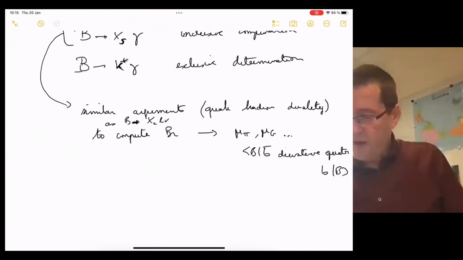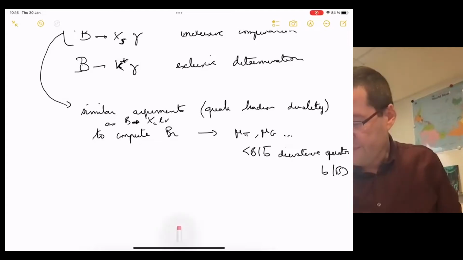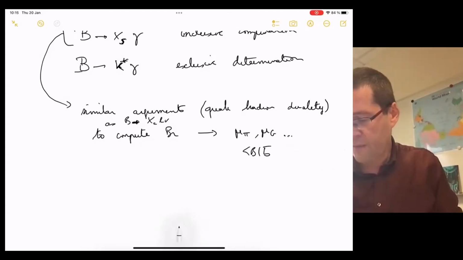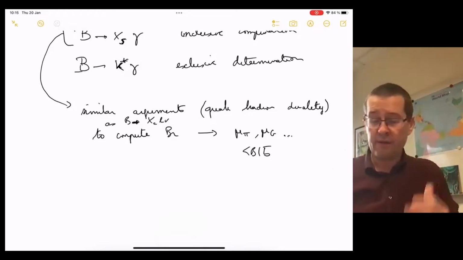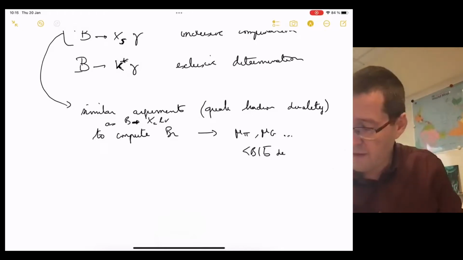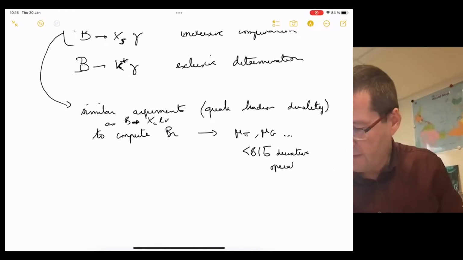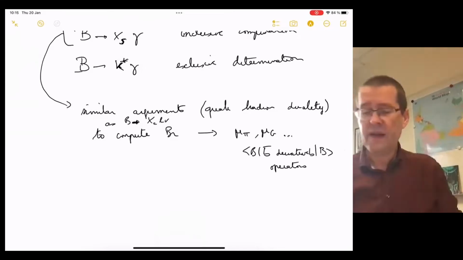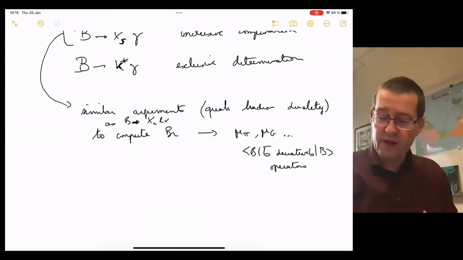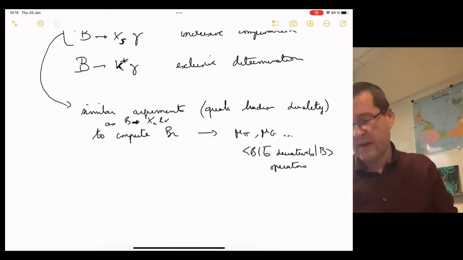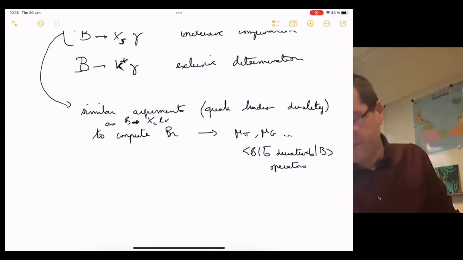So those are the same, and actually what people are doing are combined determinations of those operators together between B to XC L nu and B to XS gamma.